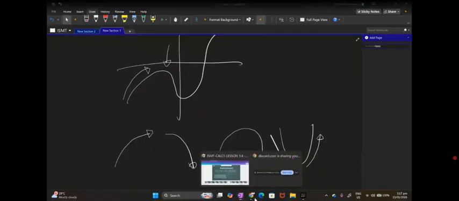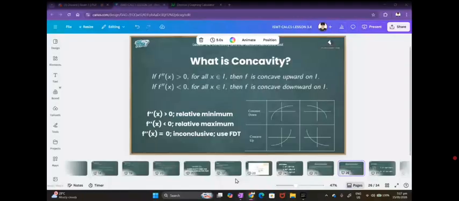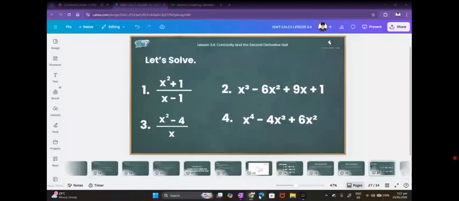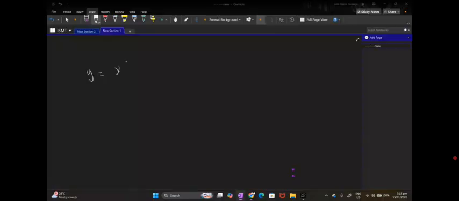So, let's try to answer this equation. So, x squared plus 1 over x minus 1, yan. So, hindi na tayo muna gagamit ng first derivative. So, gagamit lang tayo ng second derivative. So, mabilis ang derivative lang tayo para bawas sa time. So, sabi natin, low di high, high di low.